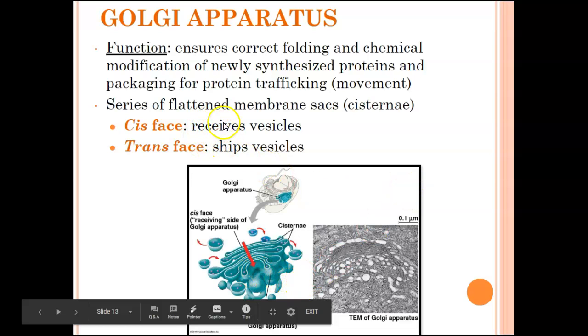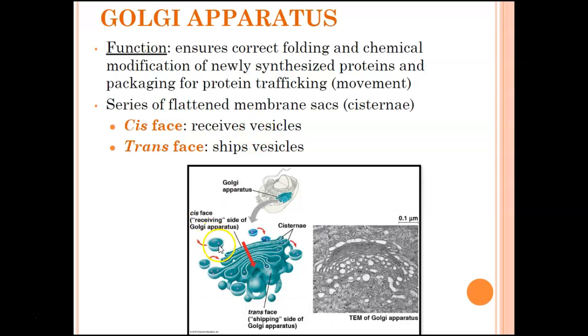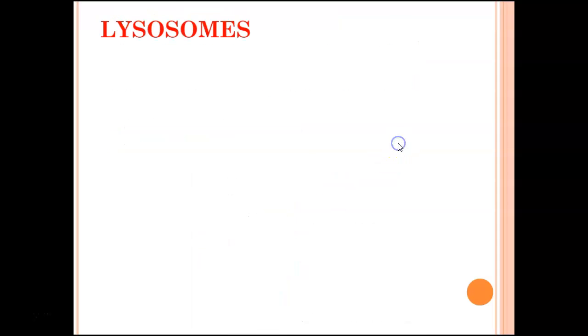Again, the mechanism of shipping is these compartments called vesicles. After reaching the Golgi, proteins are essentially ready for export.